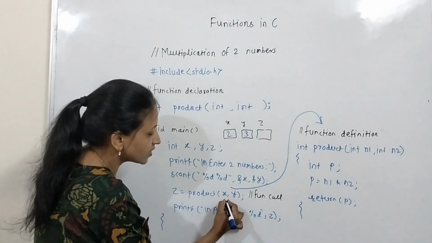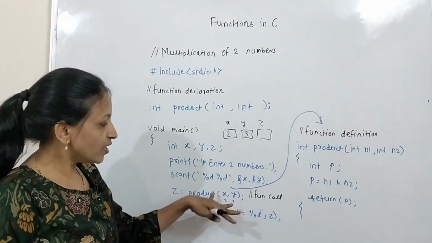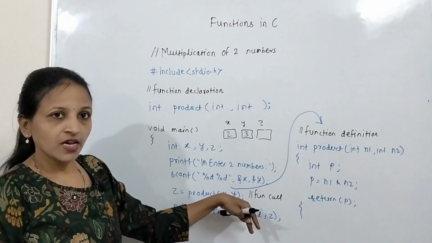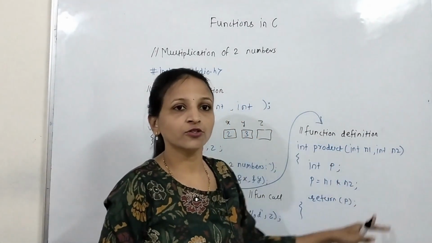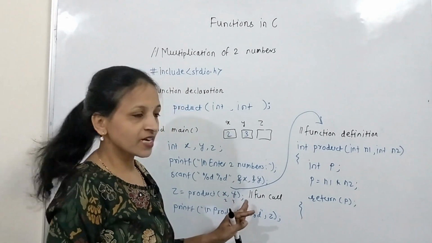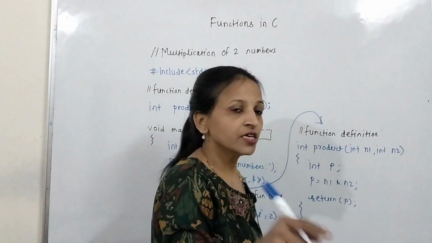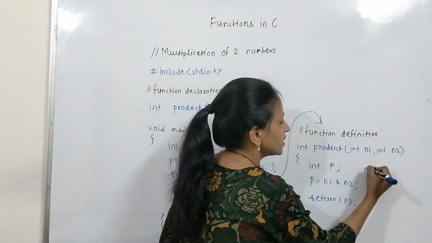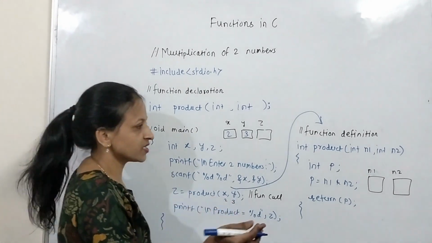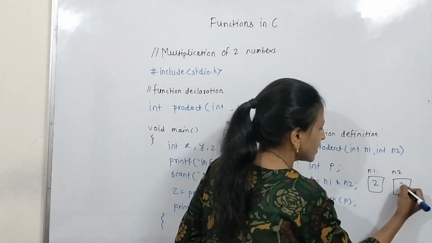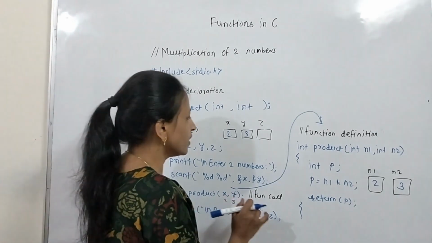The values of x and y are copied inside n1 and n2. For that, n1 and n2 will get created here. The values 2 and 3 will be passed and copied inside n1 and n2 in the same sequence. Now see what will happen.